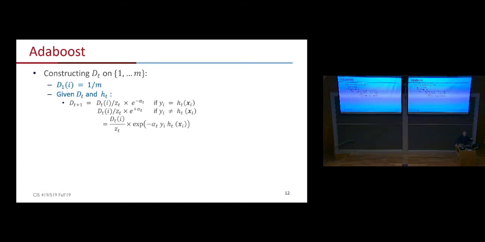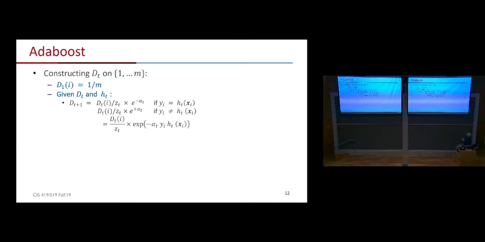If we are making a mistake, if y is different than h_t, we're going to multiply the previous distribution by e to the alpha t. If we got it right, we're going to multiply it by e to the minus alpha t. And basically, all I'm saying here is that we can just write this in one formula, and you're familiar with this already. This is basically D t of i divided by this constant Z t times e to the minus alpha t times y_i h_t of x_i.